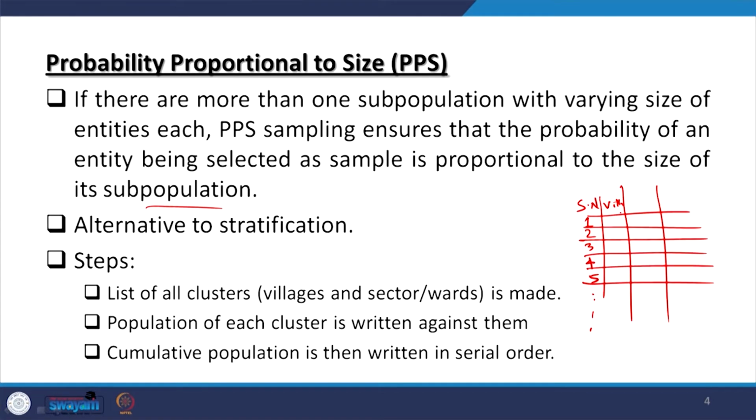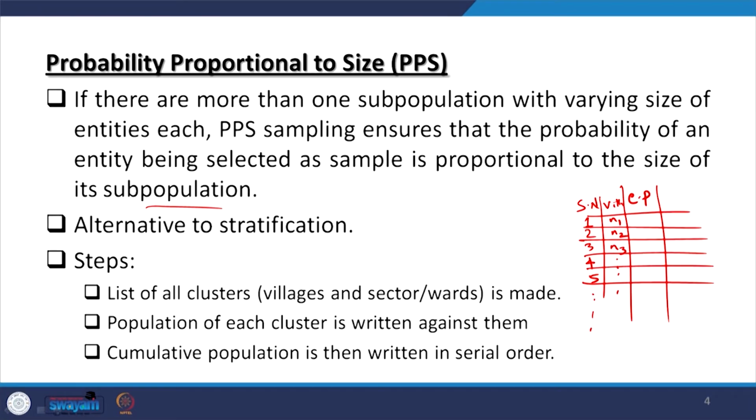Where to get the population? From the census. It is always suggested to go by the latest census, 2011, for those doing research in this regard. Let this be N1, this N2, likewise N3, and so on for the population. Then in the third column we will have a cumulative population, CP.